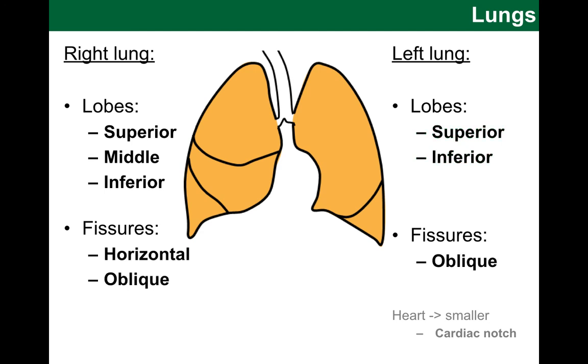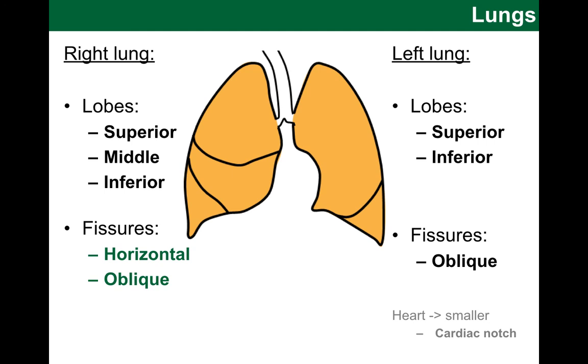And another important term is fissure. Remember from our discussion of the surface anatomy of the brain and of the heart, a fissure was some kind of depression, a line that runs on a surface of a structure. So on the lungs, we have 2 fissures on the right lung.